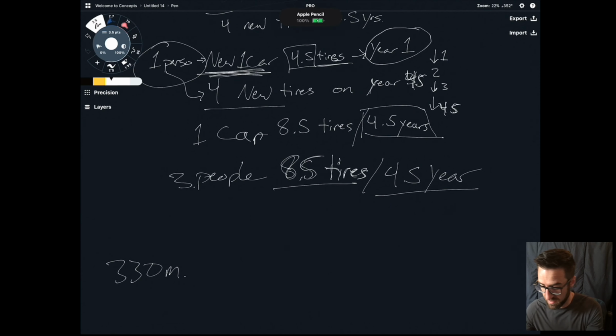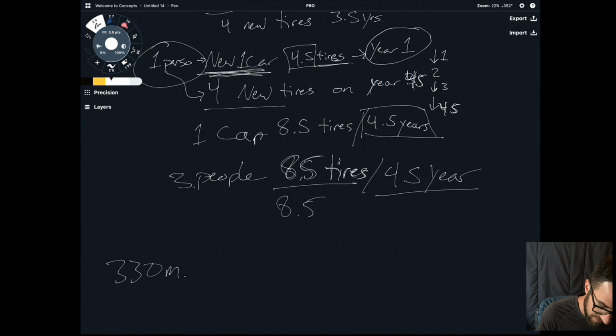Simple math there is 8.5 divided by 4.5 equals 1.88.